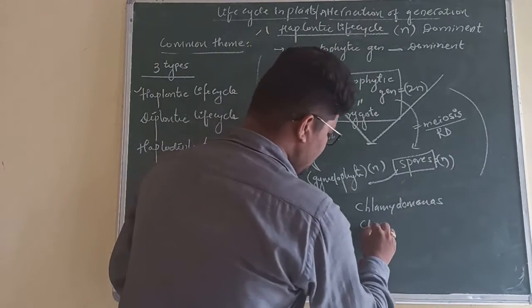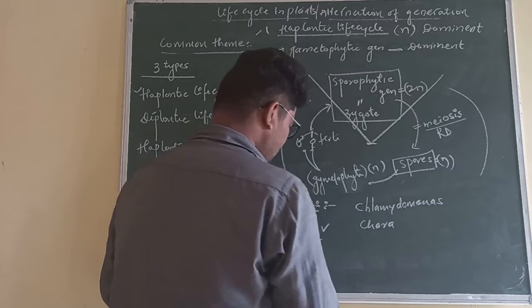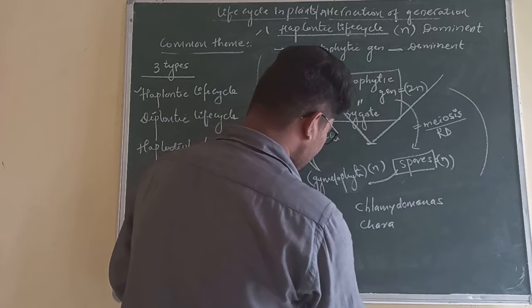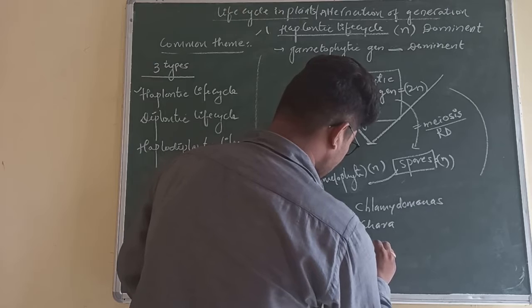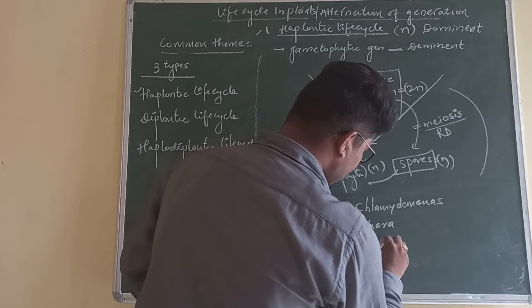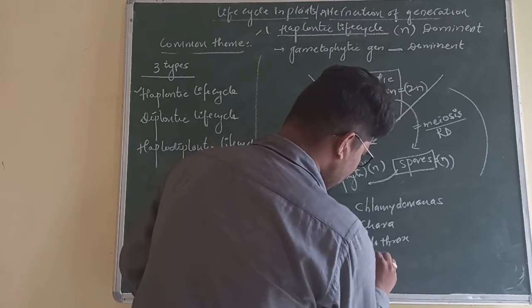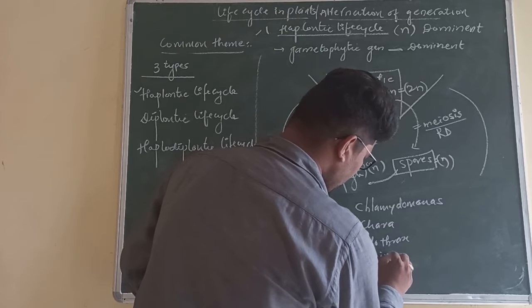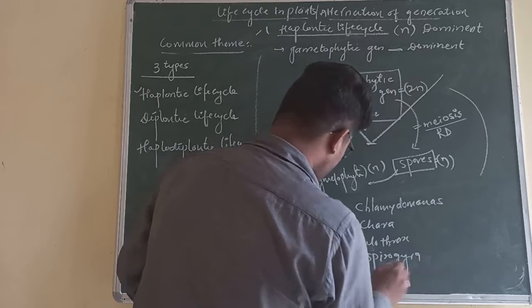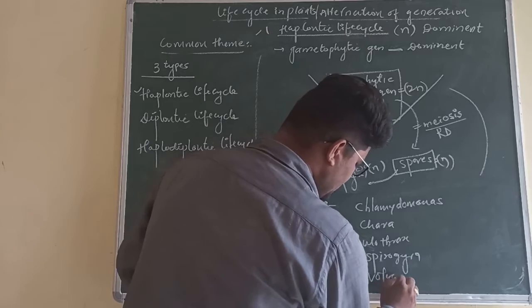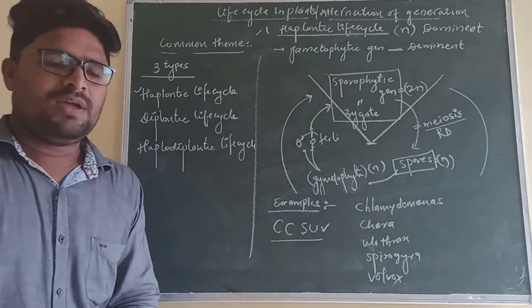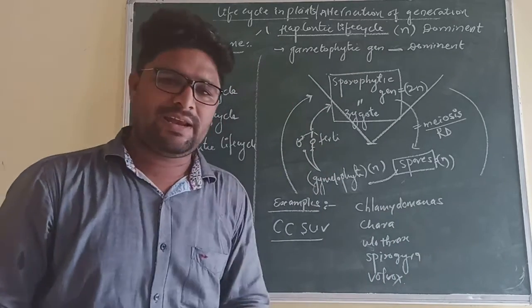Again C means Chara. Then S means Ulothrix. S means Spirogyra. And V means Volvox. Very simple. This is about the haplontic life cycle.